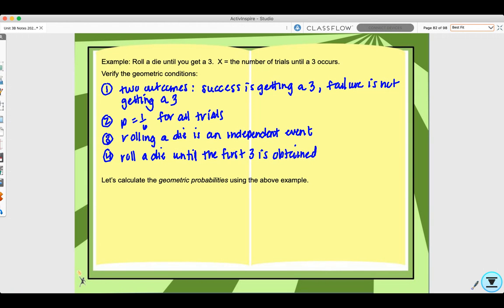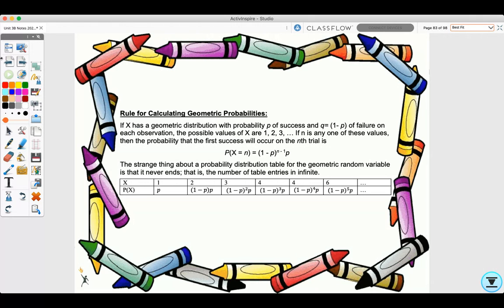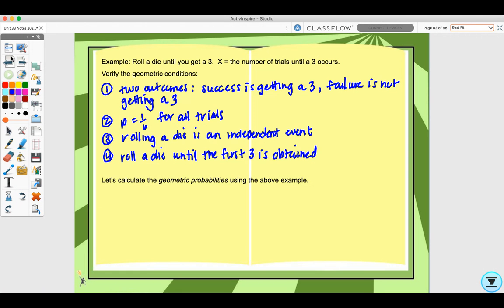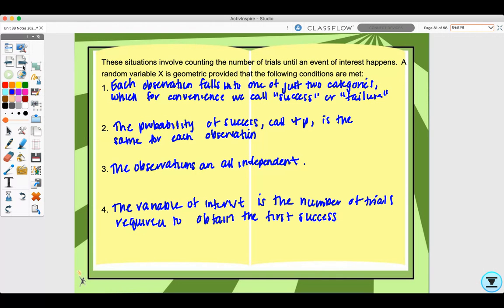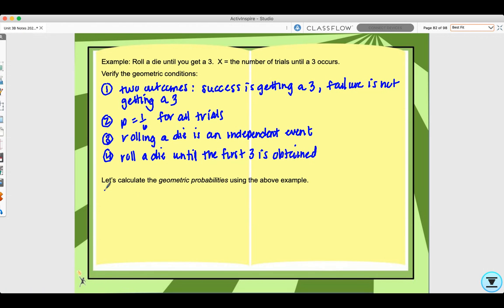Let's calculate the geometric probabilities using the above example. So we're going to calculate x equals 1. This is the probability that x equals 1, which is just 1/6.